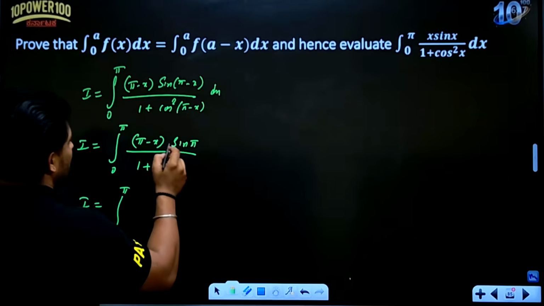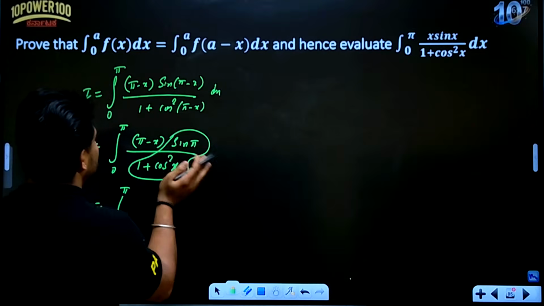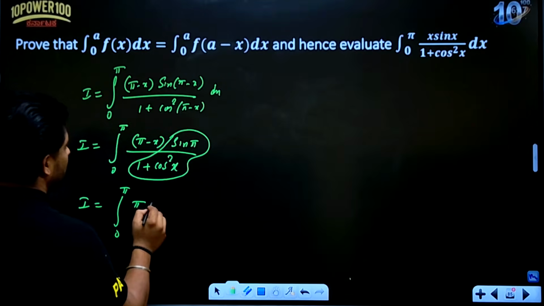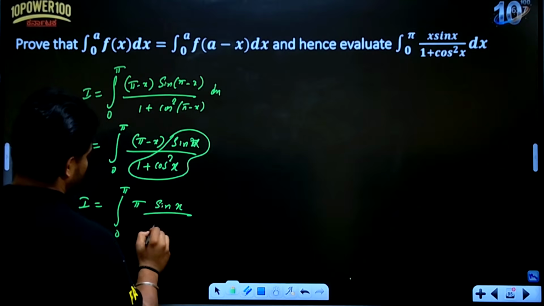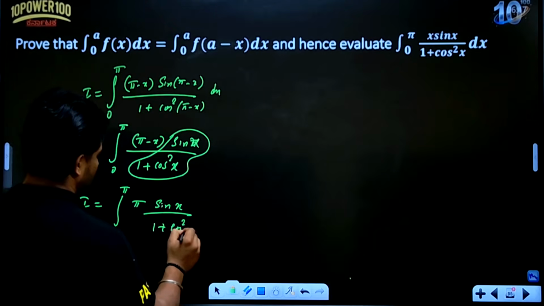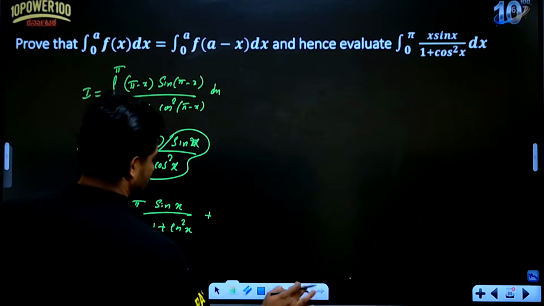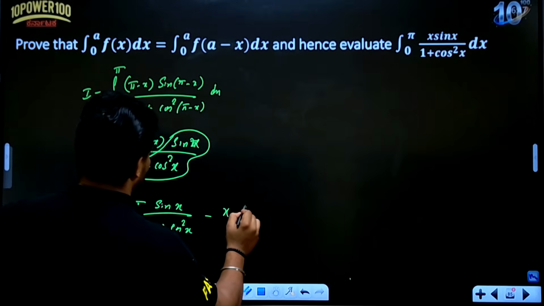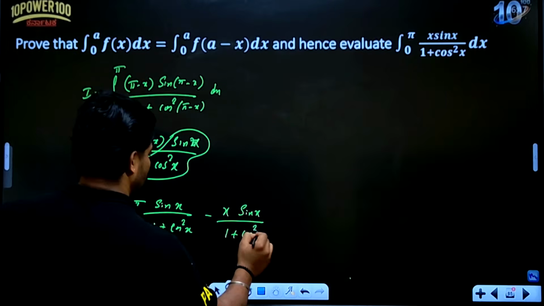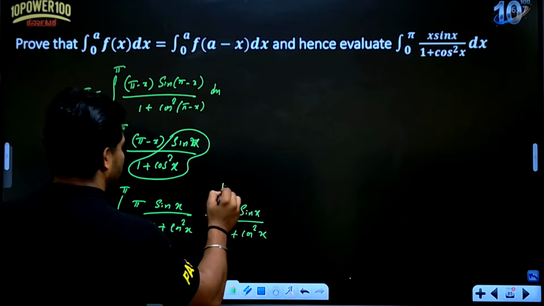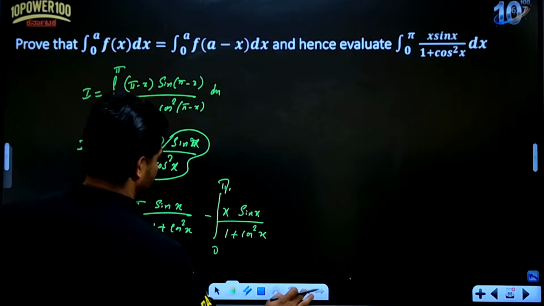Let's multiply this; I'm just multiplying the complete term twice. So it is pi into sin x divided by 1 plus cos square x minus x into sin x all divided by 1 plus cos square x, from 0 to pi.